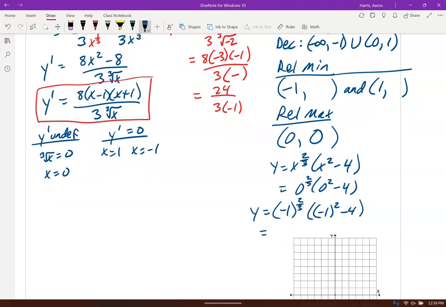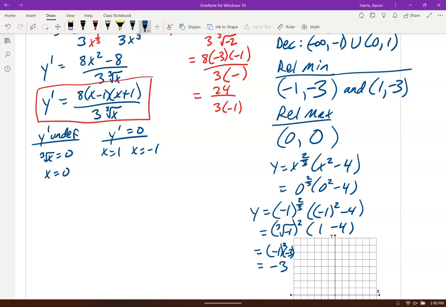You get the third root of -1 and then square that. And then -1 squared is 1 minus 4. So I got third root is -1, -1 squared times -3. So I got -3 on that. So -1, -3. Plug 1 in, and you get -3.